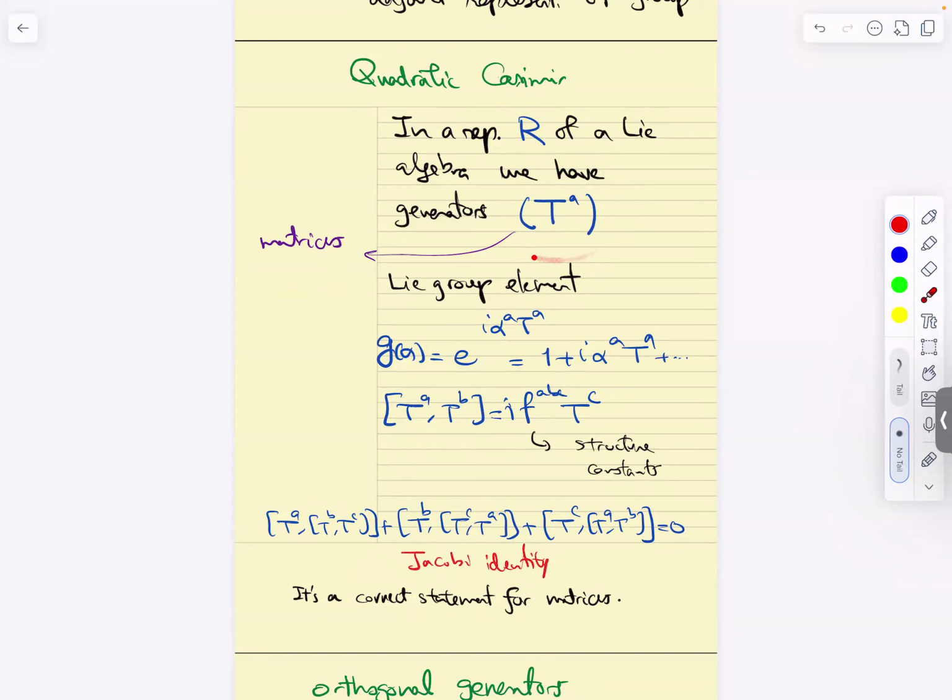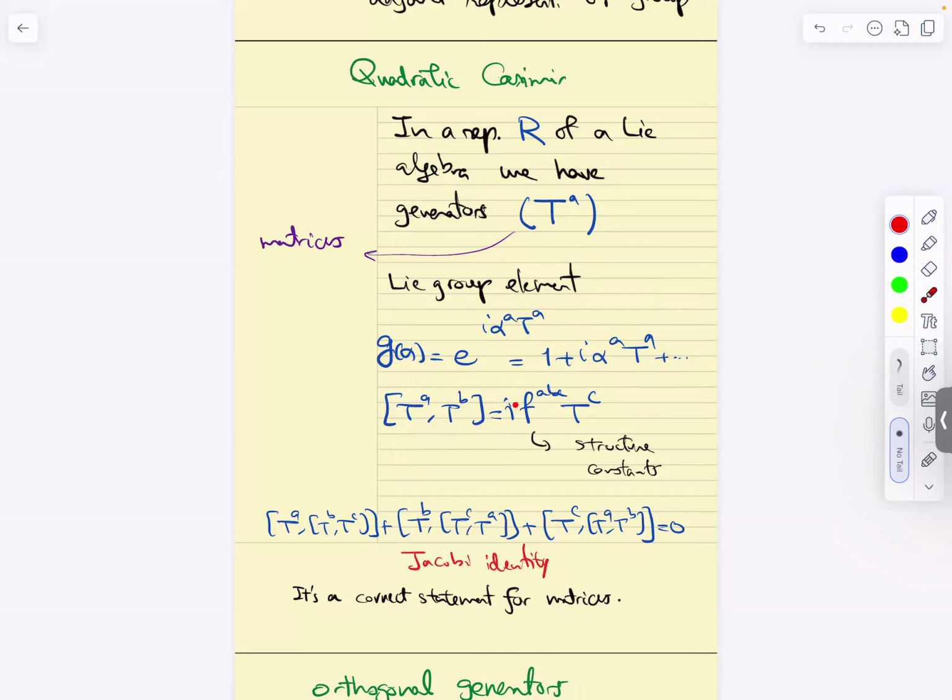The Lie algebra and the Lie group are connected via exponentiation, right? So an element of the Lie group is the exponential of this, repeated indices are summed over. Just a little bit earlier, I called this theta and called this lambda, lambda k theta k, a couple of slides before. So when you expand this, you're going to get something like this.